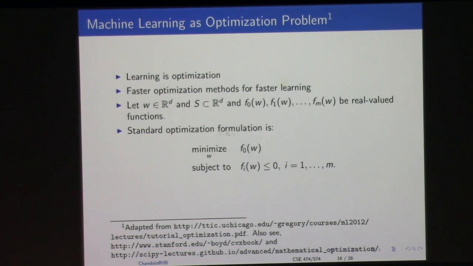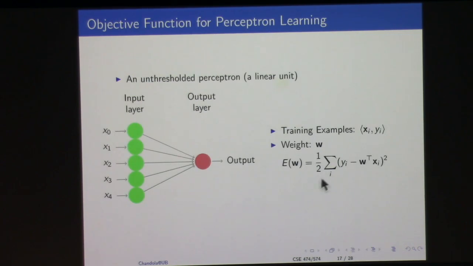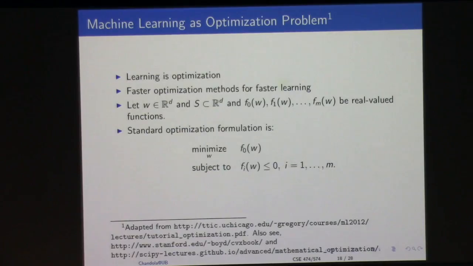The general optimization formulation is that you have some function f0 of W, and you're trying to find the W that minimizes this. A lot of times you also have some constraints on the solution, which we define as some other functions. But in the case of Perceptron, there are no constraints. It's an unconstrained optimization problem, very easy.